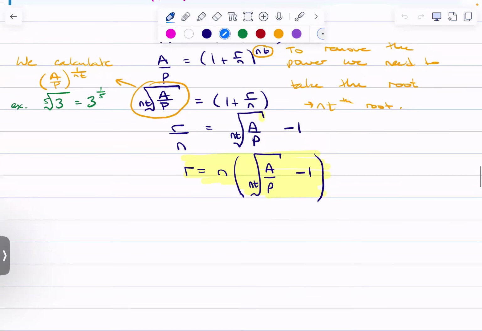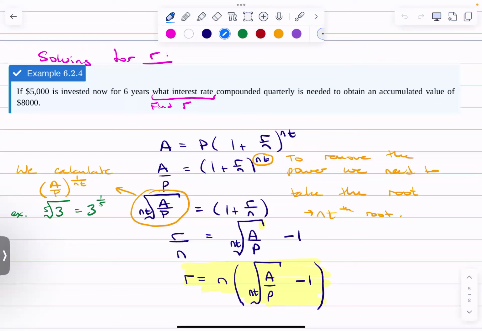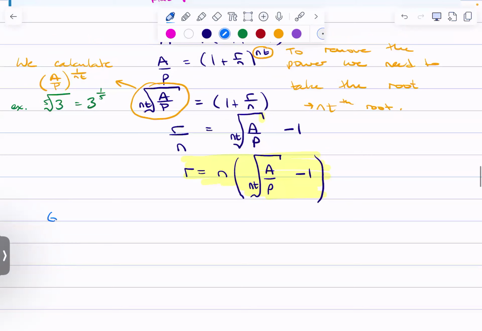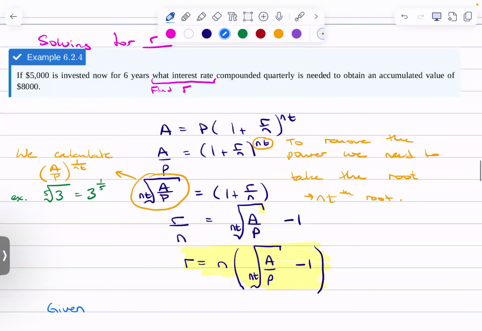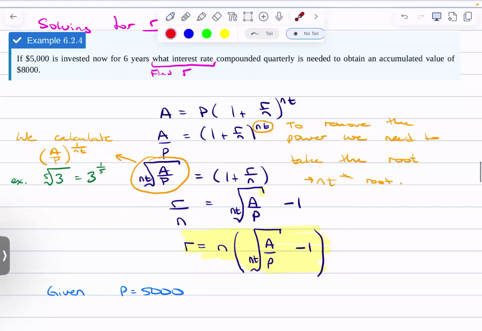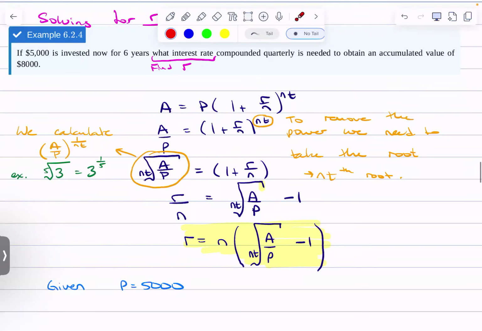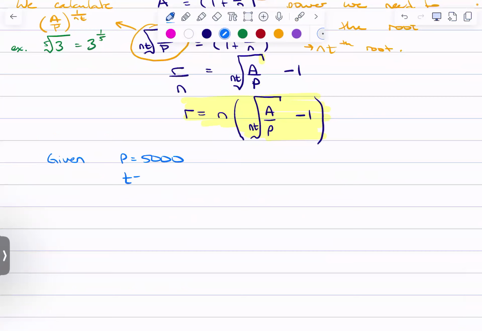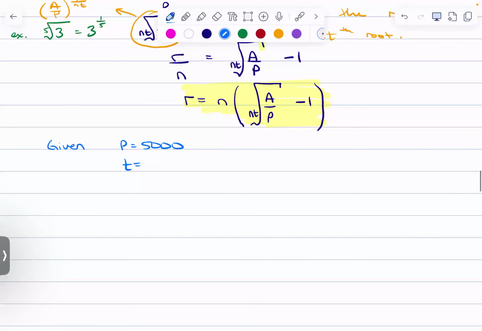So in our example, what were we given? We're given P is 5,000. T is 6 years, making sure that T is still in years, right? Don't fall for that curveball. 6 years.